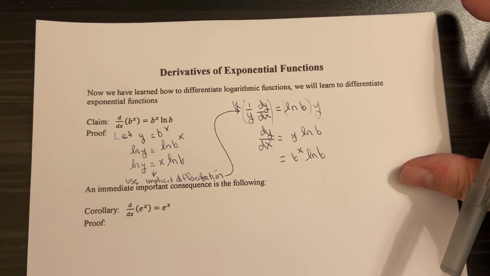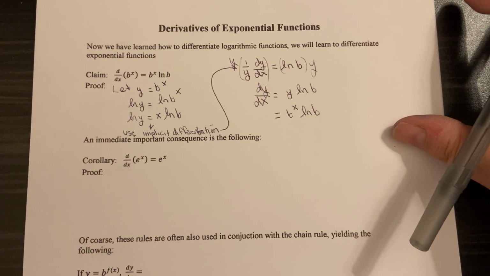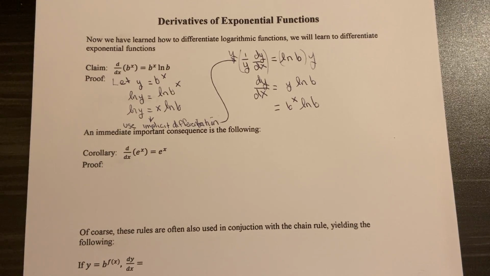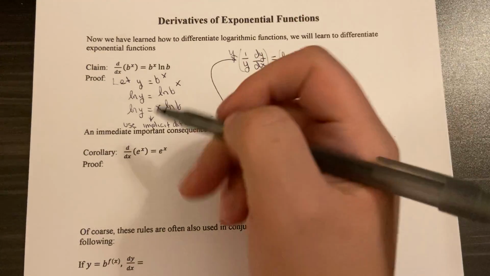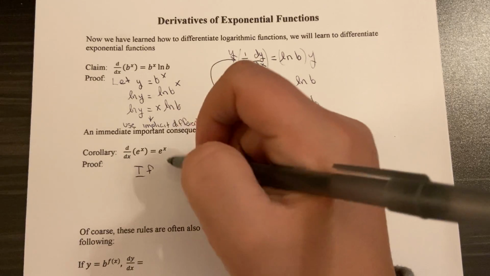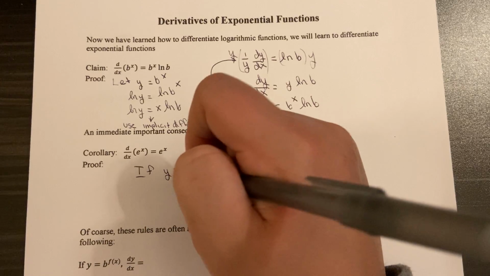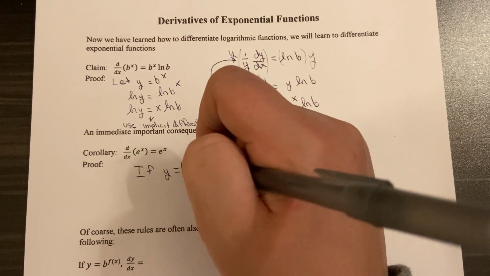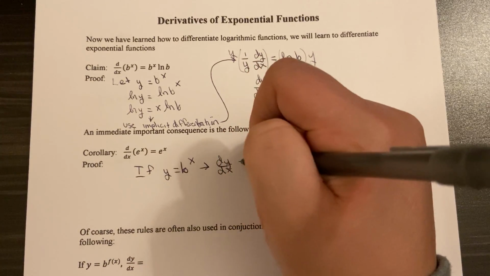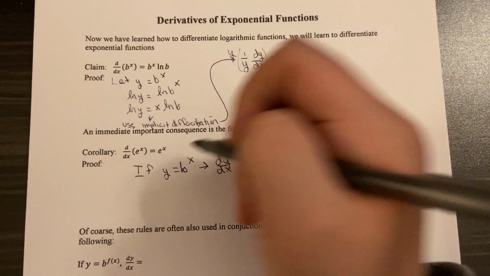Okay, so now say we have e to the x. Now, this is a very easy one, but the derivative of e to the x is actually just e to the x. And the proof of it, with the same kind of process, is if we think of y equaling b to the x, we know dy dx from our previous thing was just b to the x ln of b, right?